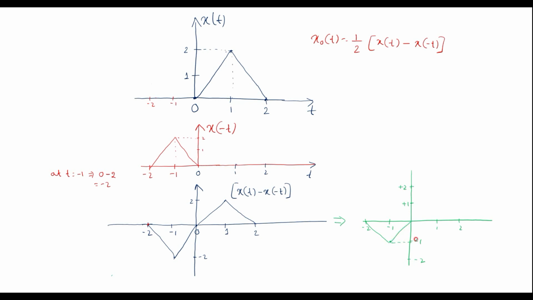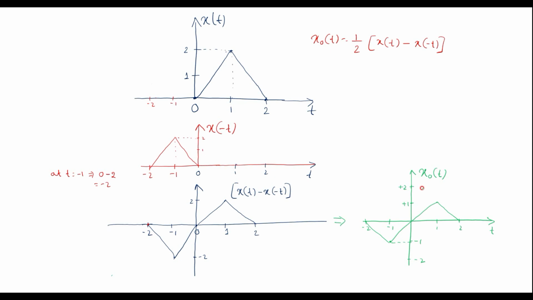So here the amplitude is minus 1. Similarly, here at t equal to 1, amplitude of the signal is 2. It will become 1. That is at t equal to 1, its amplitude will become 1. Say this is t and this is xo of t. So these are even and odd components of the given signal x of t.